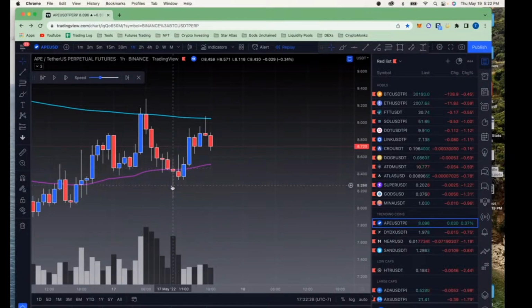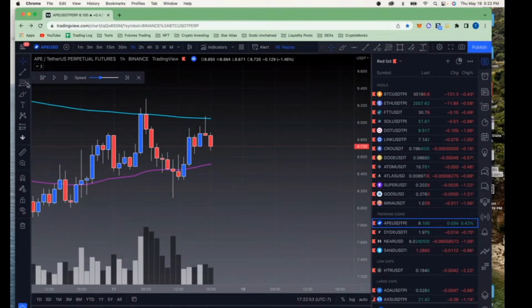So you see this hammer, and now I'm paying attention. They tried to get it up, it didn't work, so maybe my thought process is invalidated. And this candle comes, and what did we just see? A bullish engulfing candle engulfs this one, right? More than halfway. Now I would probably long right here.